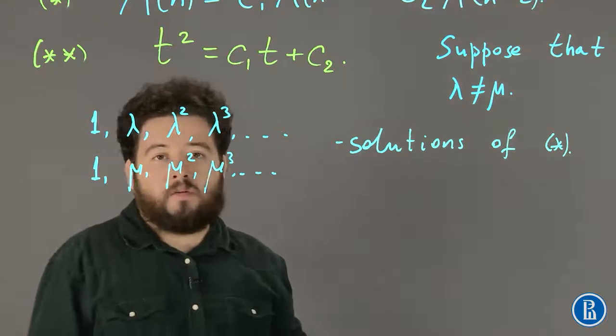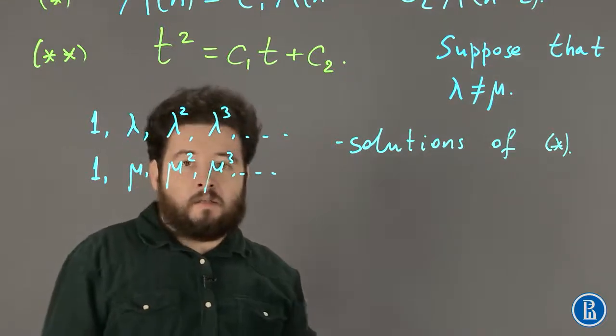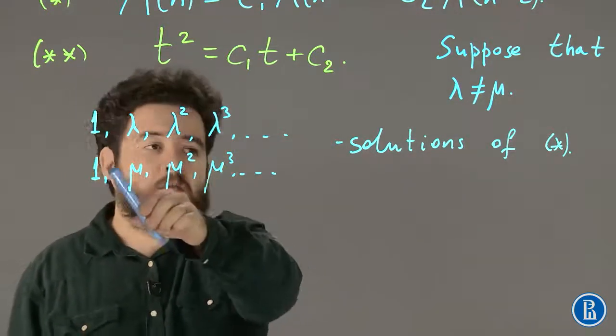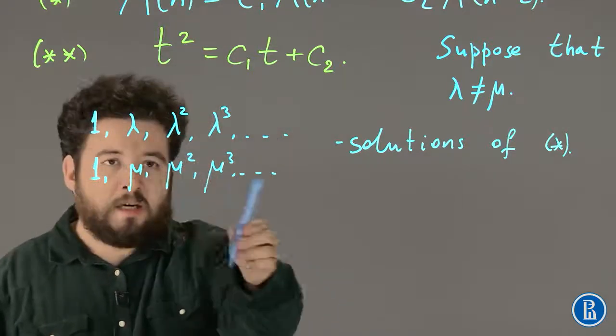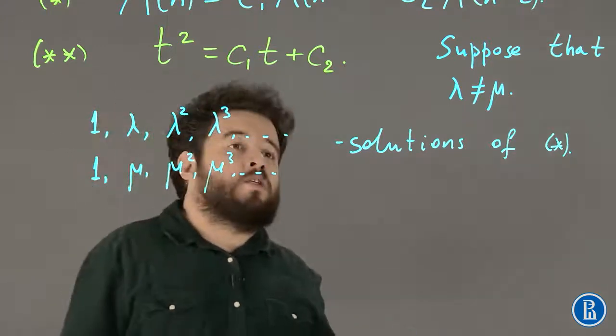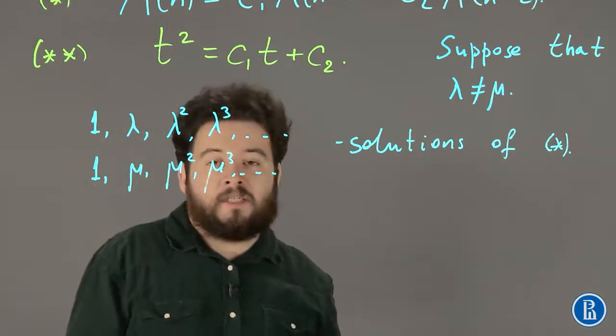This means that we can take linear combinations of these two solutions. We can multiply each of them by a coefficient, and we can sum them up. And what we get will also be a solution.